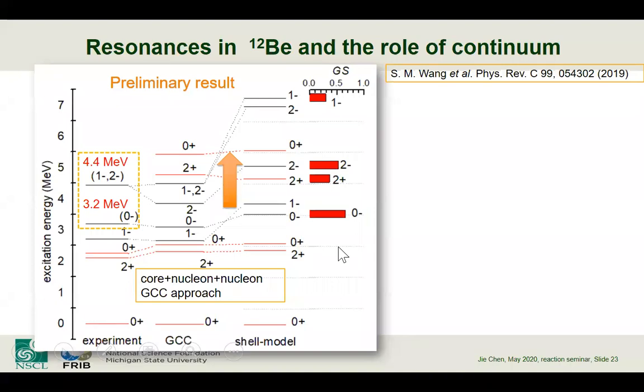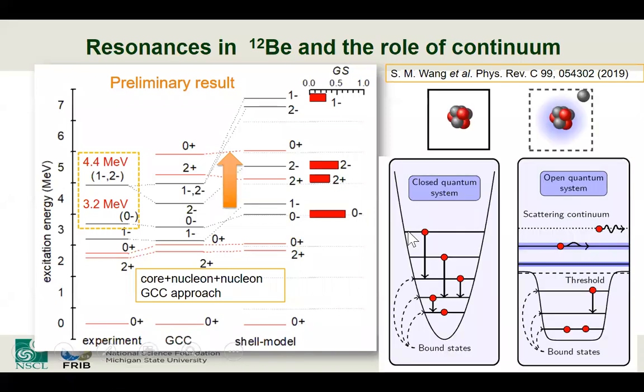The question is why there is so much difference between the shell model and the Gamow coupled channel approach. Possibly because the shell model uses the harmonic oscillator basis. So in this case the nucleus behaves like a closed quantum system. So the coupling to continuum effect won't be included in this kind of shell model calculation.